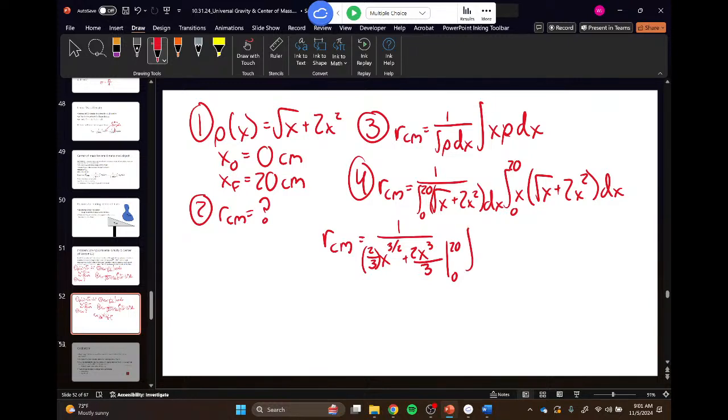And then on the right side, I'll write an extra step for funsies. x times the square root of x is x to the 3/2, plus 2x cubed dx, from 0 to 20. And then I'm going to integrate that.